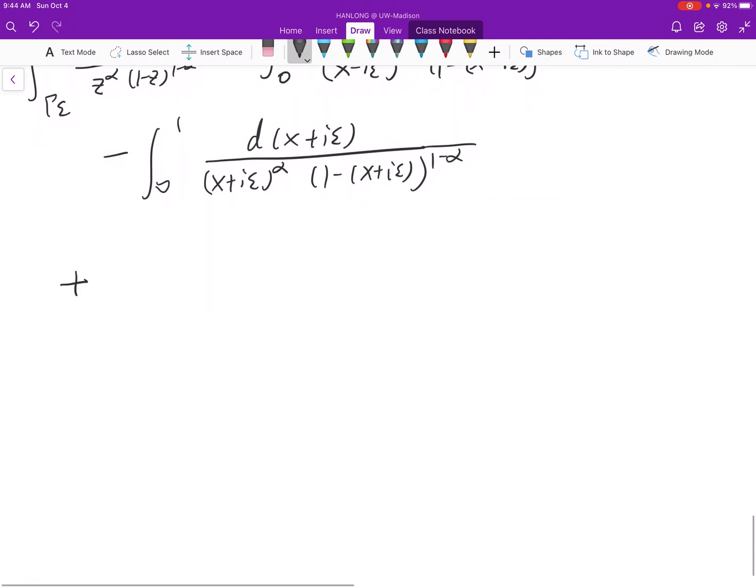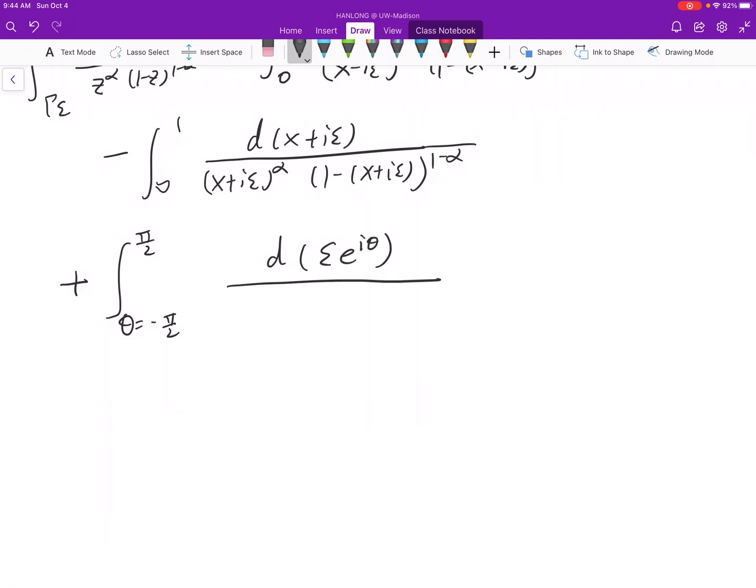And now for the circle on the right, from the orientation, theta is from negative pi over 2 to pi over 2, and you have the parameterization epsilon exponential i theta, and in the denominator you have 1 plus, because this half circle is centered at 1, so I should say z is 1 plus epsilon exponential i theta.